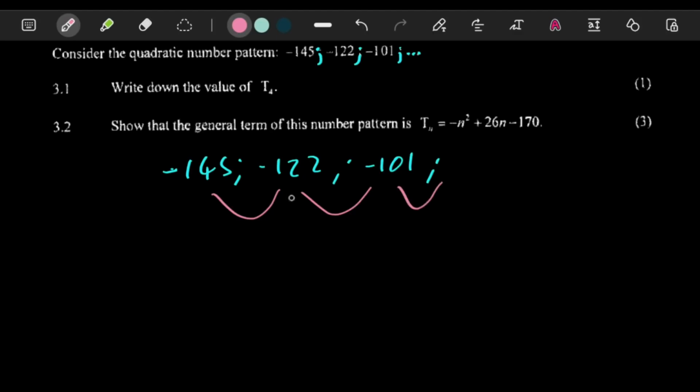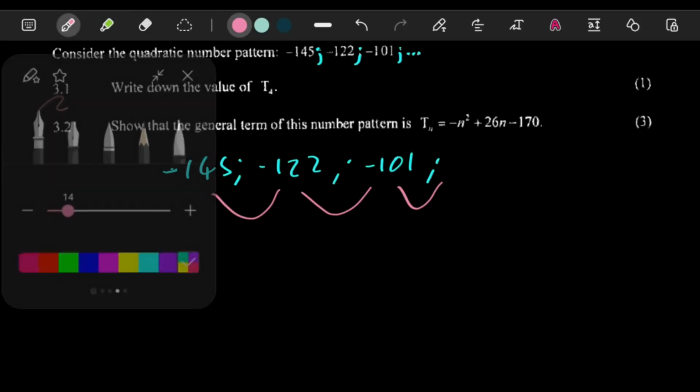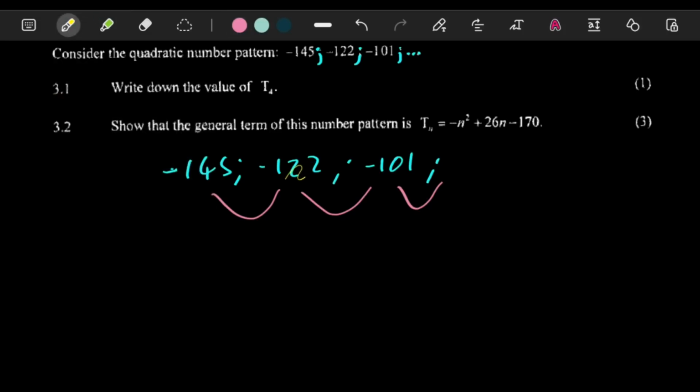Oh wait, you want the first differences here, and then you want to work backwards. Negative 22 minus 145 gives you 123. Negative 101 minus 122 gives you 21.